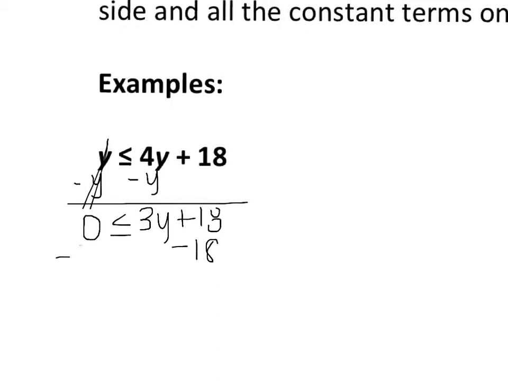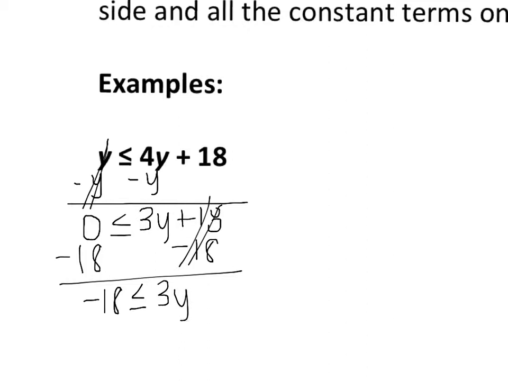Subtracting 18. Goodness, thank you. And then what would be the last thing that I need to do? Good, divide by 3. Now tell me my answer in terms of y. Y is what? Good, greater than or equal to negative 6.